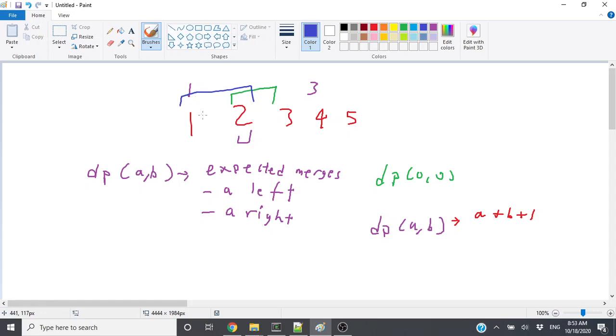Well, either we did this merge, or we did some other one. So what does that mean?